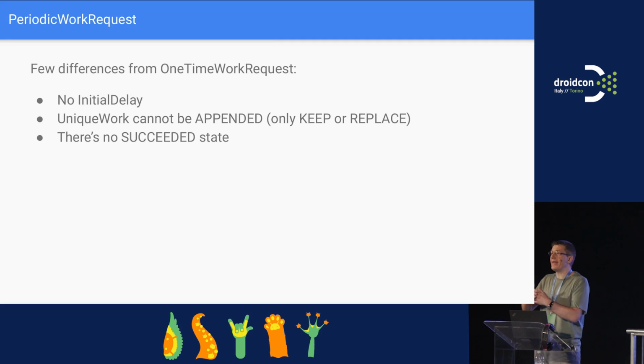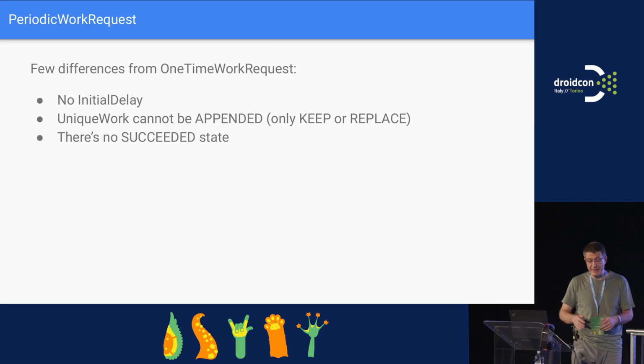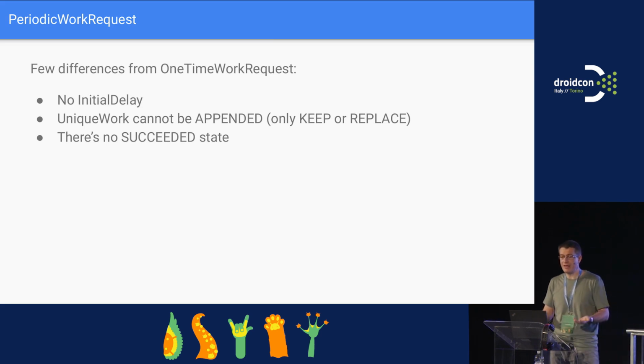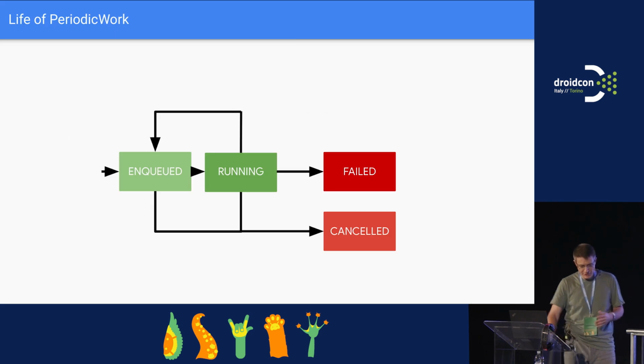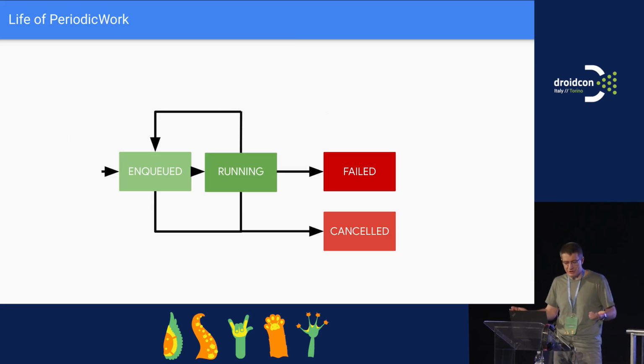So you cannot create a chain of periodic workers. And the third thing is that there is no succeeded status for the periodic work, because once a worker has succeeded, it is then enqueued again for the next execution. So retry or success is equal in this case, you're just going back to being enqueued.